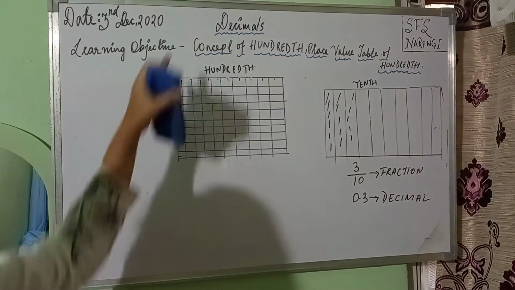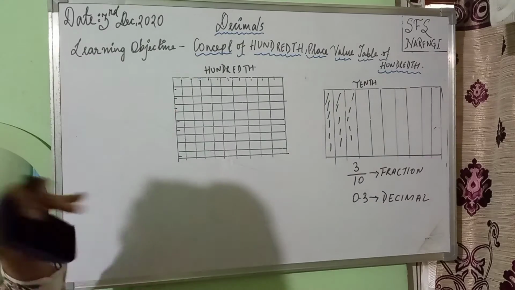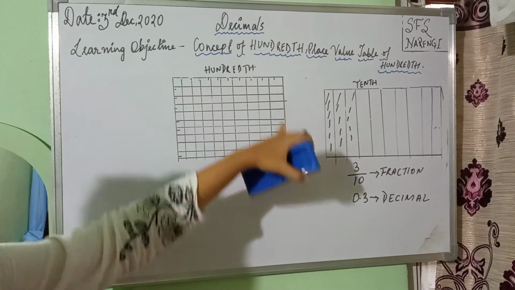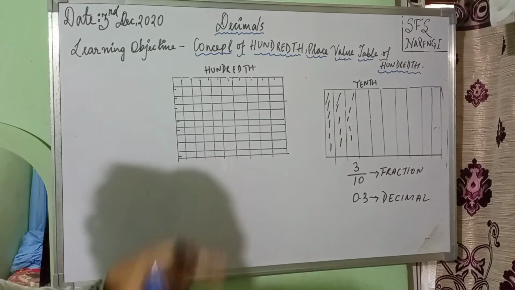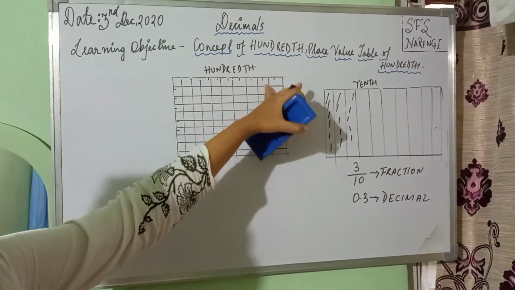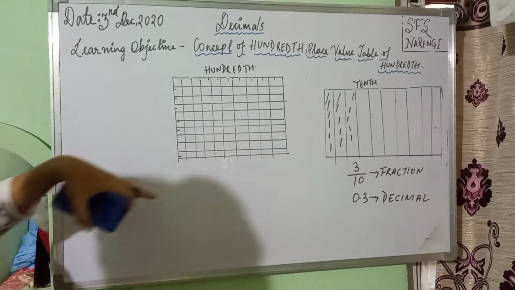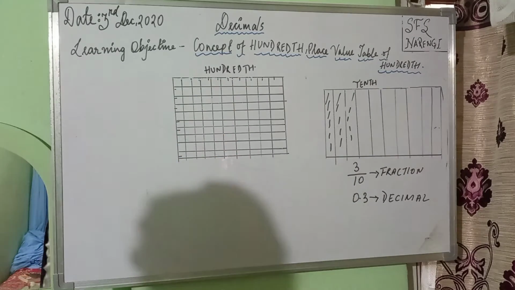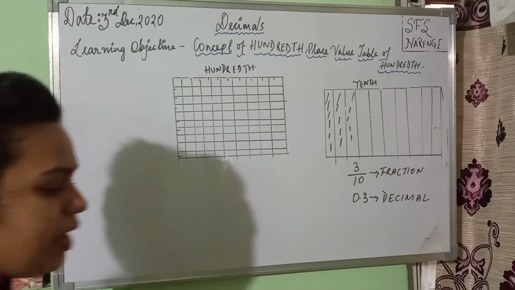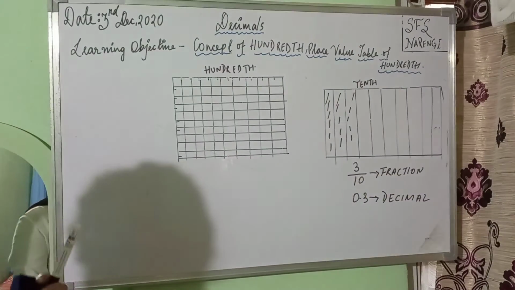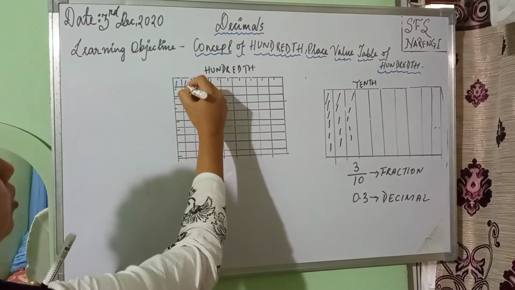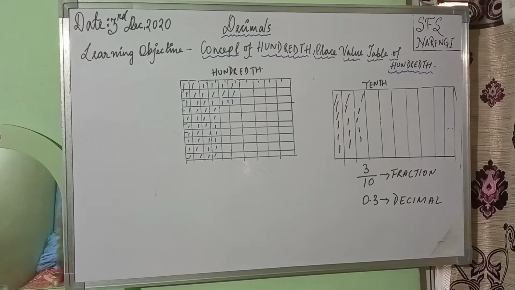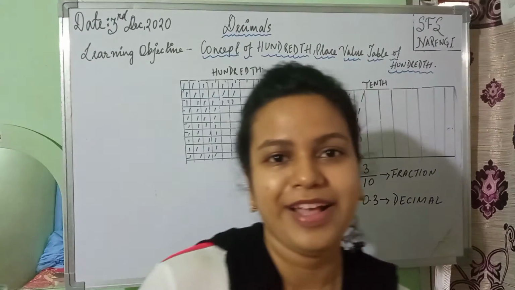But in the 100th concept, suppose we have a rectangle that is divided into 10 vertical stripes and 10 horizontal stripes. So we have 100 small little boxes. Now if I want to shade, say 1, 2, 3, 4, 5, 6, 7, and so on.